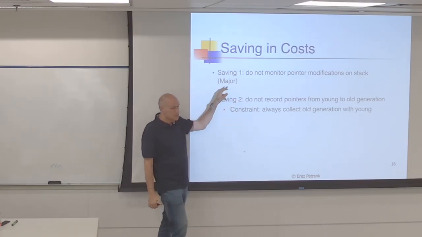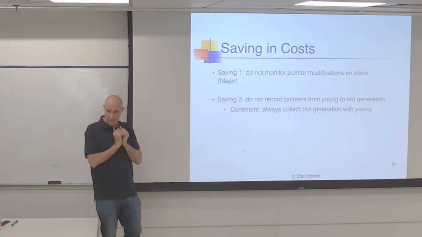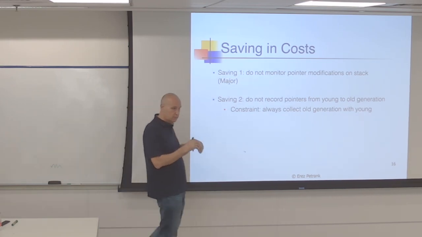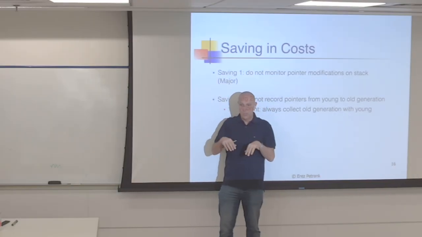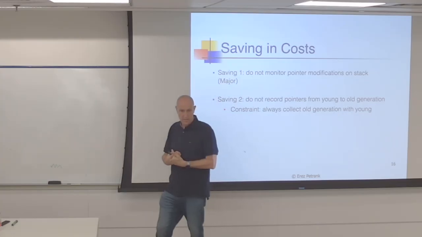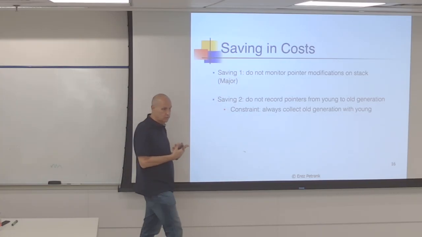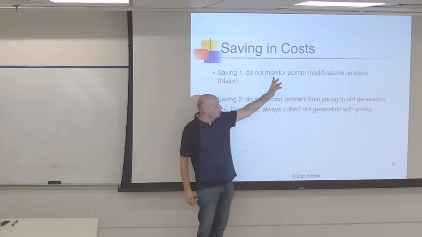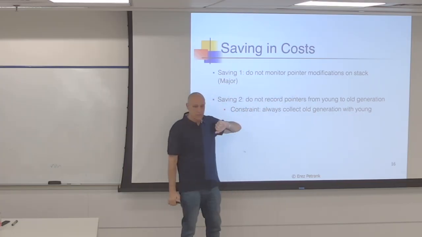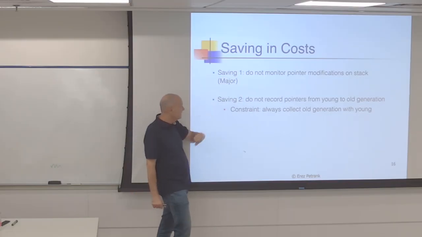This is very important: we do not have a write barrier on our local variables, because they change a lot. A write barrier on the roots would be a big overhead that we do not want. Throughout the course, we'll try to avoid monitoring pointer modifications on the local variables in the roots. So here we don't need it.